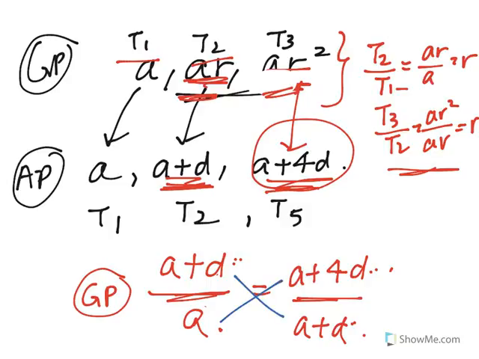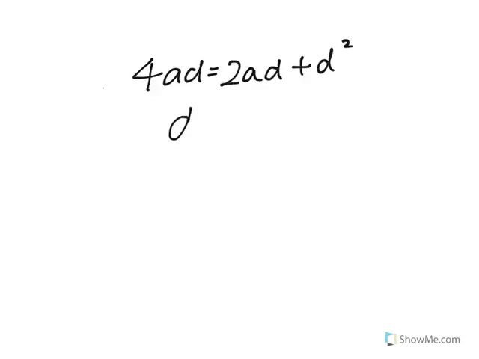What do we do next? Simple, we cross multiply. You can easily get that (a plus d) squared equals a(a plus 4d), which simplifies to 2ad plus d squared equals 4ad. Simplifying further, dividing by common factors, we get d equals 2a.